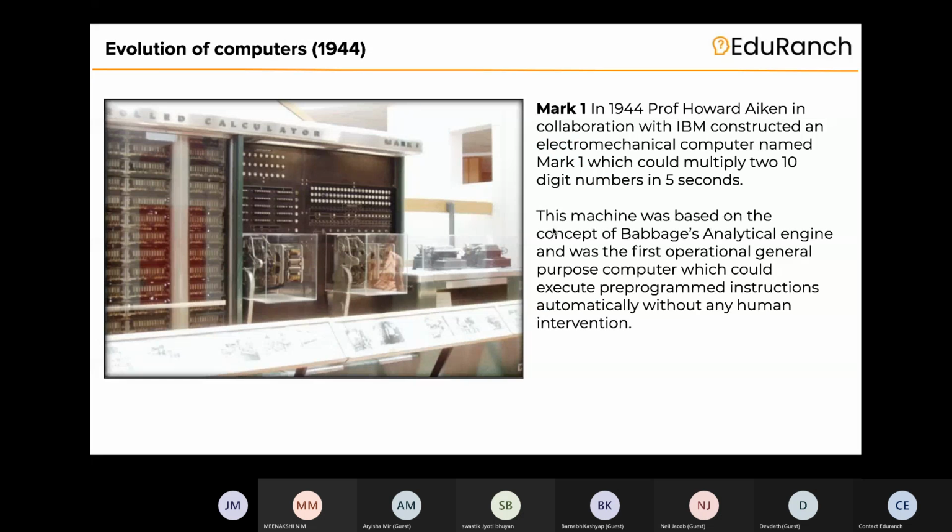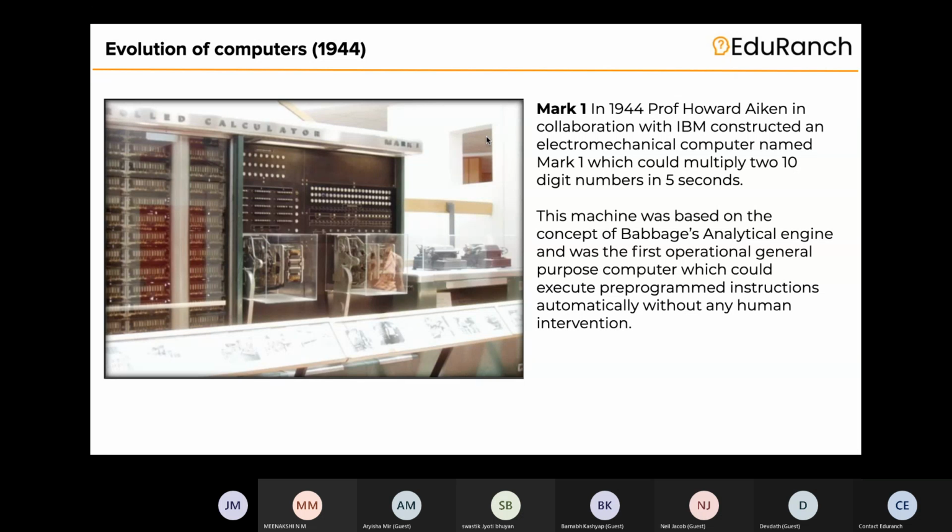Then, from the learnings from all the machines we had invented, we started inventing electrical machines. Till now it was all mechanical, there was no electricity involved, right? So starting from the 20th century, we started inventing electrical based computers.